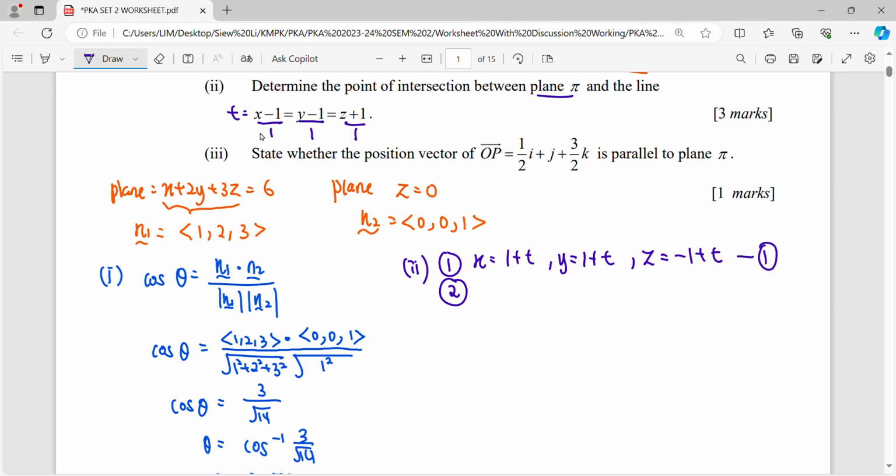Second equation, plane pi in Cartesian: x + 2y + 3z = 6.